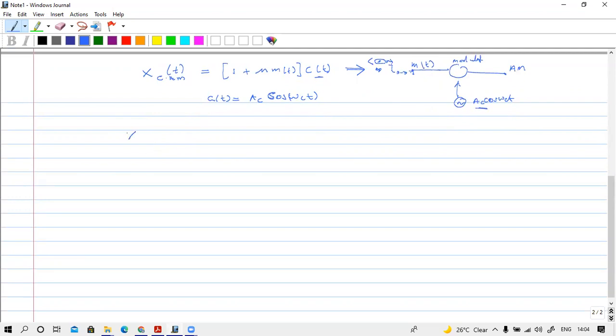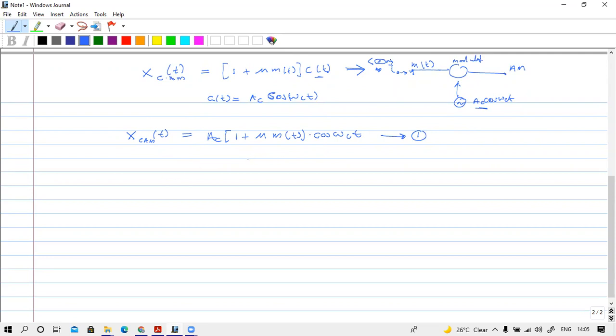In some books we can see that the complete amplitude modulated signal is written as A_C (1 plus mu m(t)) cos omega_C t. This is one of the most popular equations, so in this course also we can use this signal as the complete AM modulated signal.